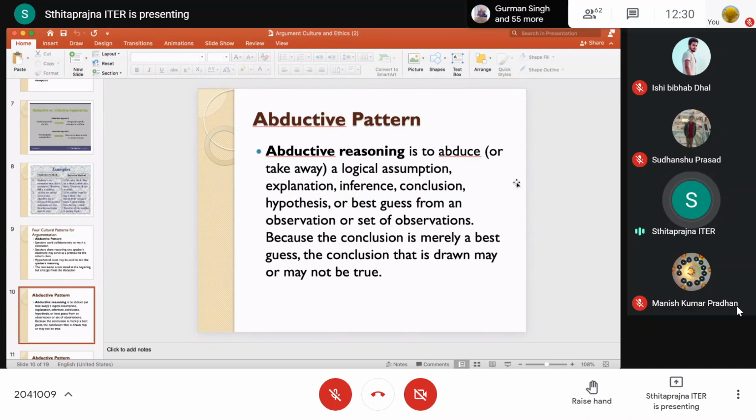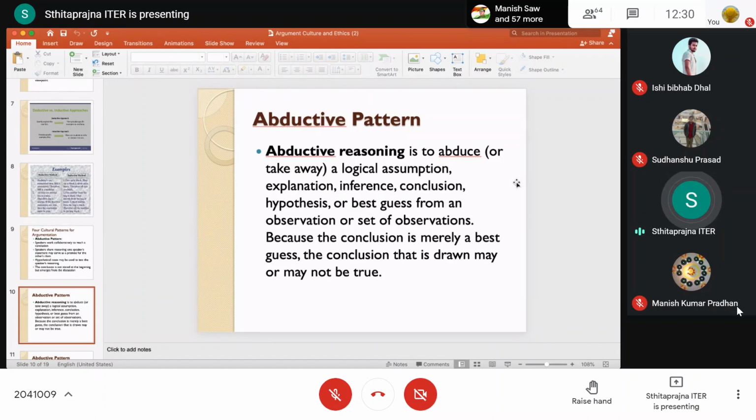You make a set of observations, and from these observations, you try to make the best possible guess, to infer what could have happened. The meaning of abduce is to take away. What was your takeaway from these observations? The best guess that you make, the conclusion that you draw from these observations, is the abductive pattern.